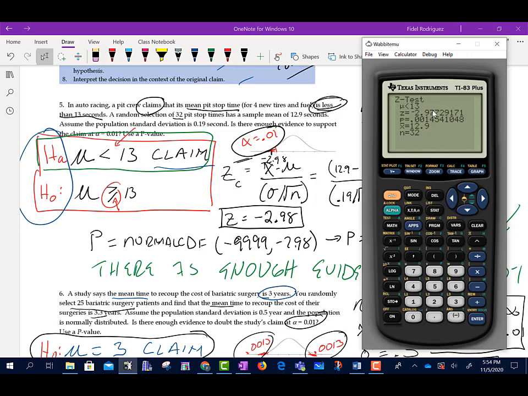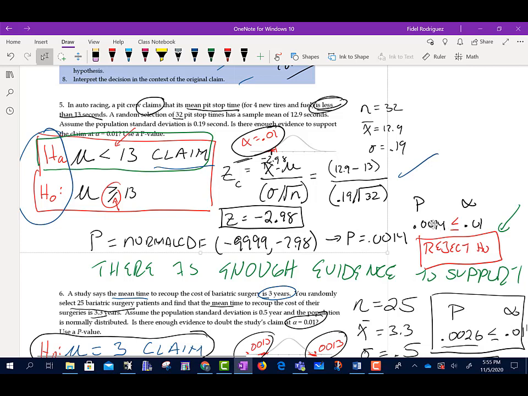What did it do for me? It gave me my z value. Well, there it was right there, negative 2.98. And it gave me the p-value. So the p-value I had here was 0.0014, and that's the same value I had right there. And then all I'm doing is I'm comparing my p-value to my alpha. Okay? So it's doing a little bit of that double checking for me. Okay?